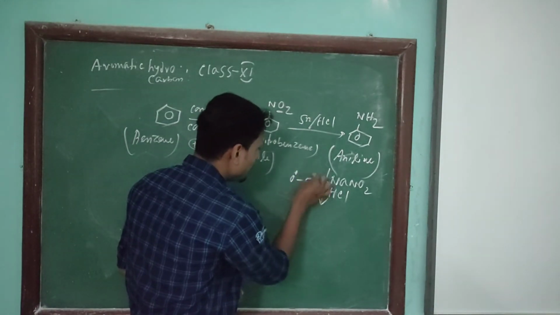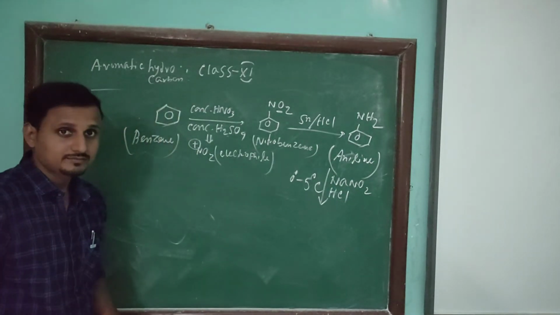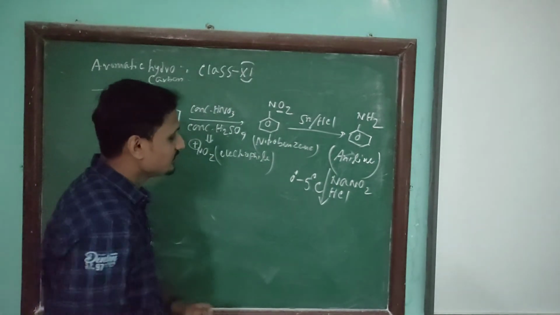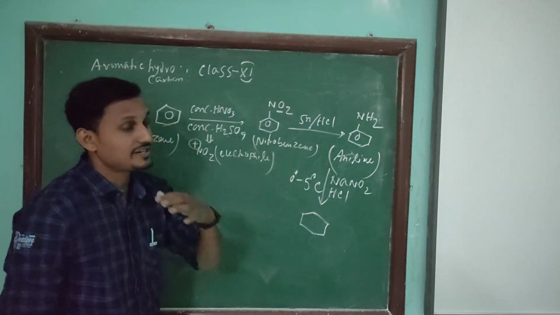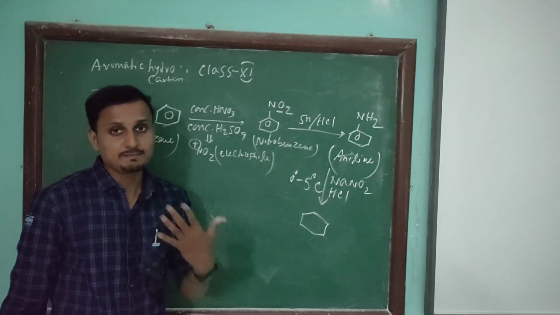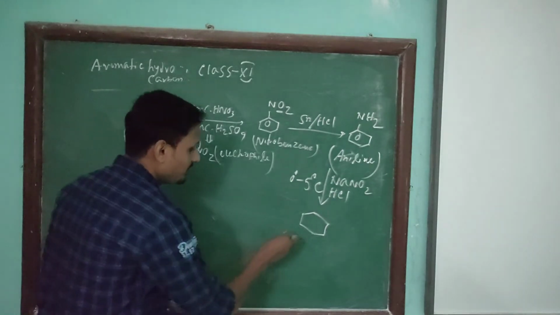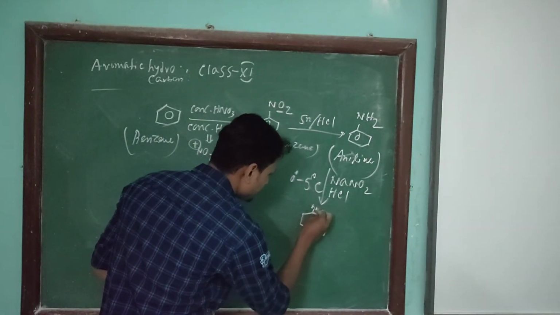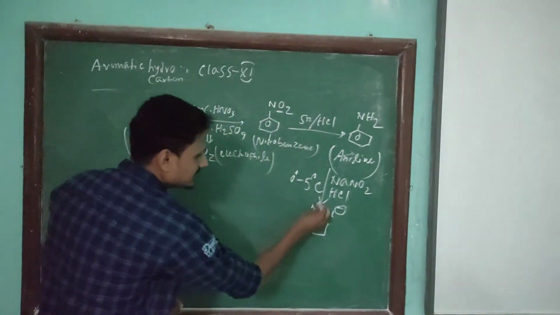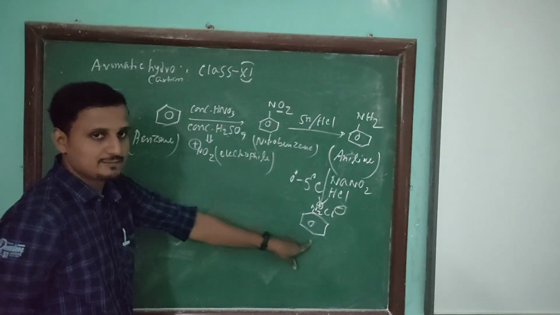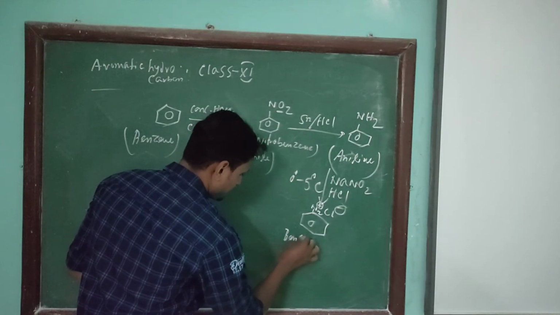After cooling, it will form a reddish brown color, or a red or orange precipitate of benzene diazonium chloride, C6H5N2+ Cl-. Clear? This is N2+ Cl-. This is benzene diazonium chloride.